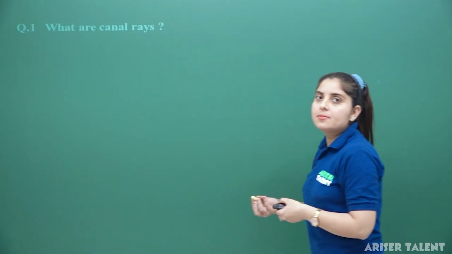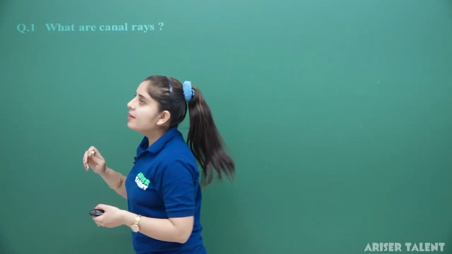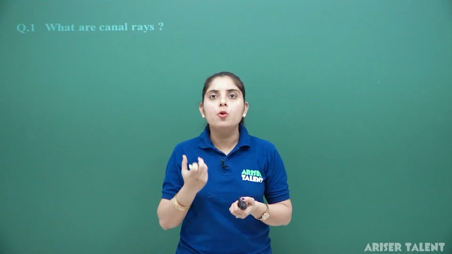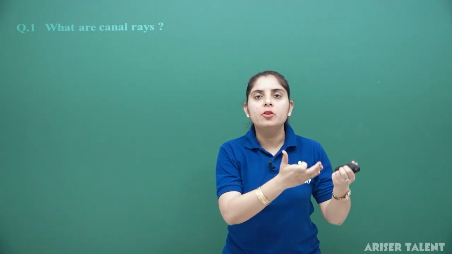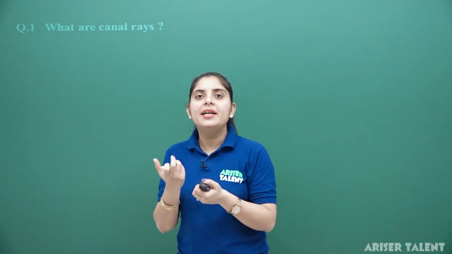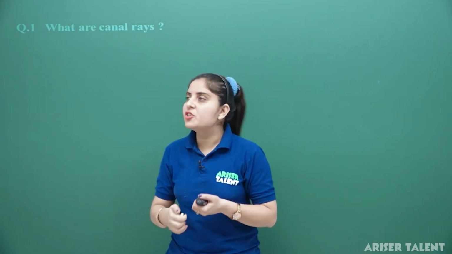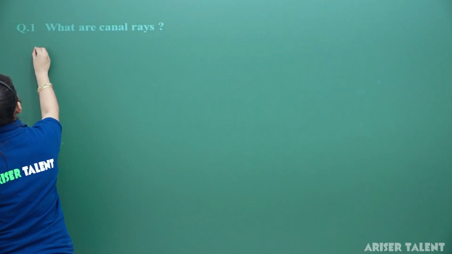what are canal rays? Canal rays are basically the anode rays transmitted from cathode to anode in a specially designed tube known as electric discharge tube. So what are canal rays?